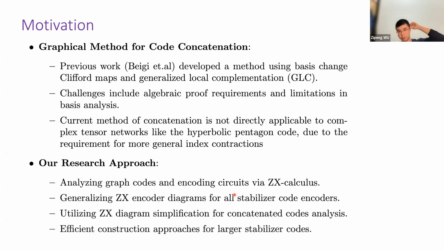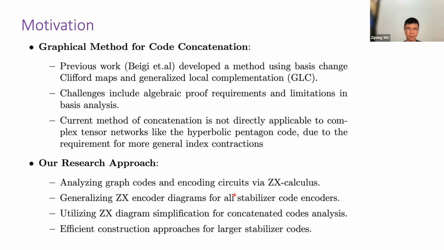So we looked into the ZX calculus. It turns out that ZX calculus is very generic to this problem. The encoding circuit of the graph code can be readily transformed into the ZX encoder diagram. And since the encoding process is all Clifford, the interior nodes induced during the concatenation can be fully removed with the simplification procedure, including the local complementation and the pivoting.